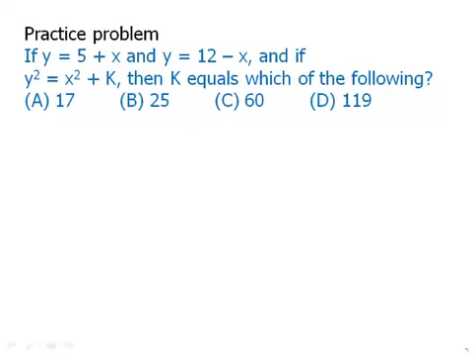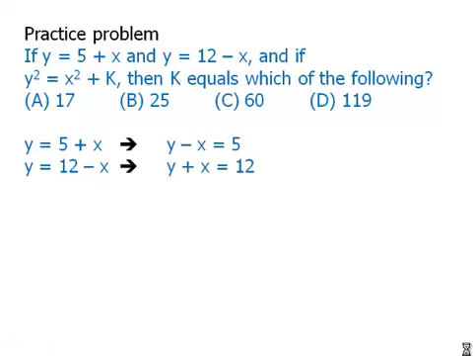Okay, so let's think about this. Let's start out with these first 2 equations, y equals 5 plus x and y equals 12 minus x. We rewrite a little bit. We see what we're given here is what y minus x equals and what y plus x equals. So that's interesting. Hold on to that for a moment.